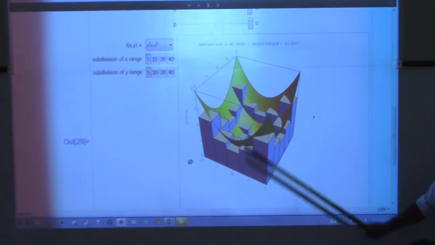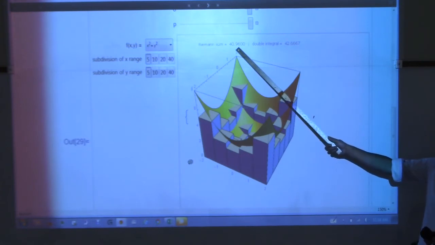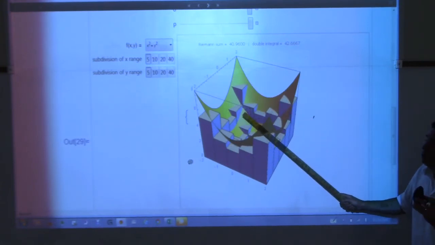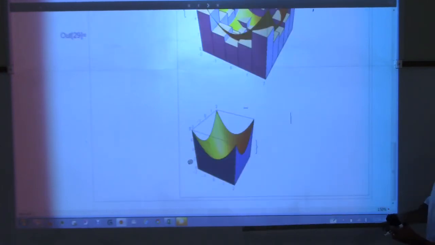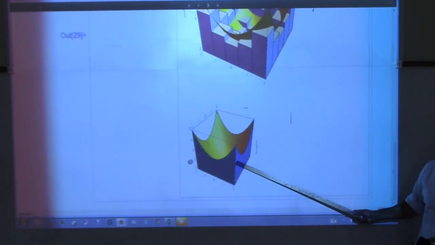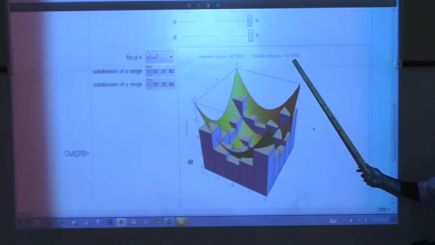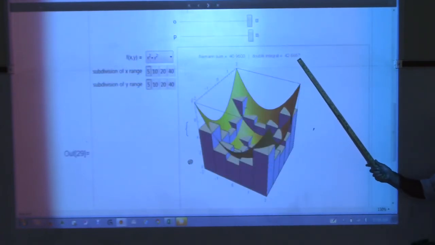And this computer is saying that the approximate volume of this is 40.96. The true volume underneath this surface, which corresponds to that picture right there, is 42.6667, keeps repeating.